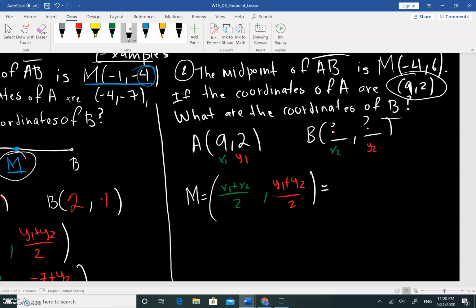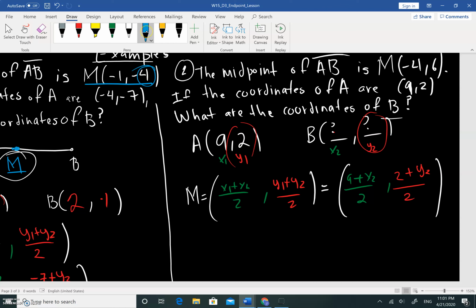So this is going to be equal to, well, my x1 is 9, so it's going to be 9 plus, we don't know what x2 is, so I'm just going to leave it as x2, divided by 2, and then my y1 is 2, so that'll be 2 plus my y2, I don't know what that is, so I'm going to leave it as y2, divided by 2.